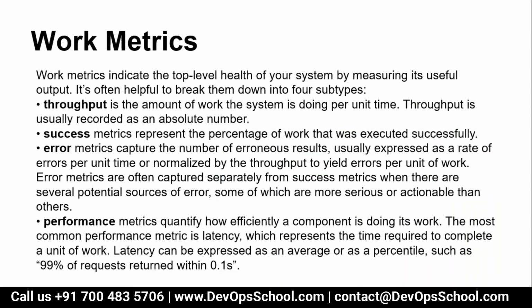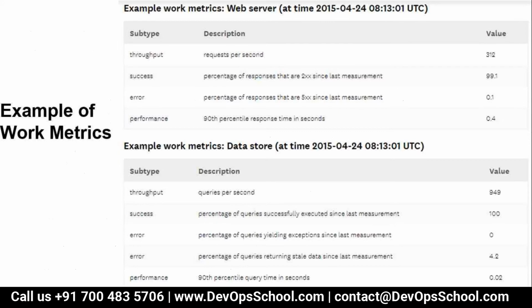Now work metrics also have different definitions: throughput, success, error, and performance. Here you have an example of work metrics. What is the throughput? What is the success rate? What is the error rate?